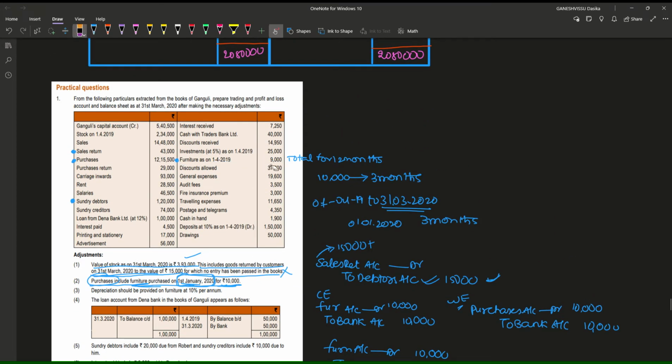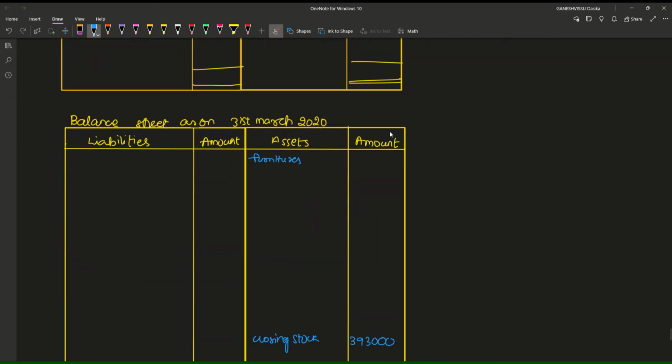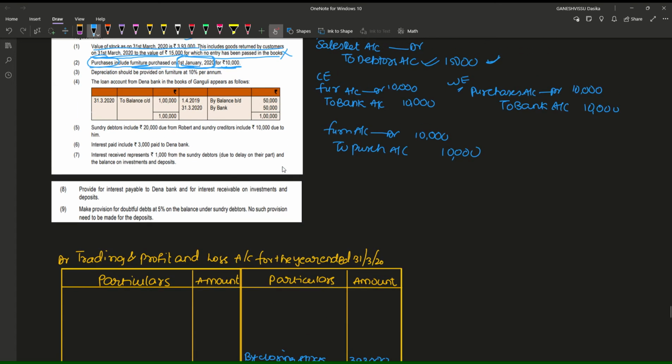I'm erasing this so that there is nothing distracting, right? 9,000 rupees is the opening balance of furniture, and we need to add a transfer from purchase of 10,000 rupees, right? This is what we need to have, and there is an adjustment regarding depreciation, to be charged at 10% per annum.